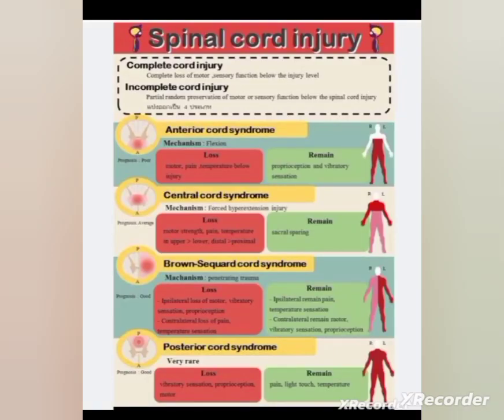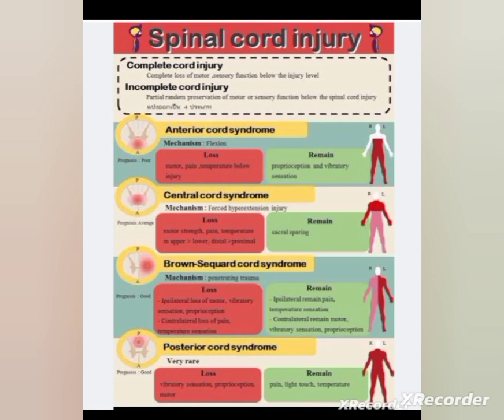In conclusion, spinal cord injury is divided into complete cord injury and incomplete cord injury. In complete cord injury, there is complete loss of motor and sensory function below the level of injury. But in incomplete cord injury, there will be partial loss of motor and sensory function, because some tract will be intact.